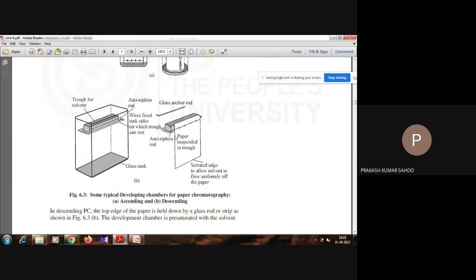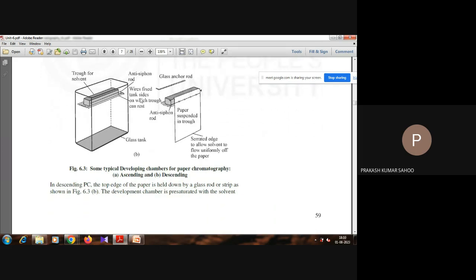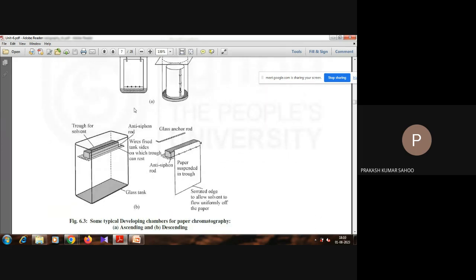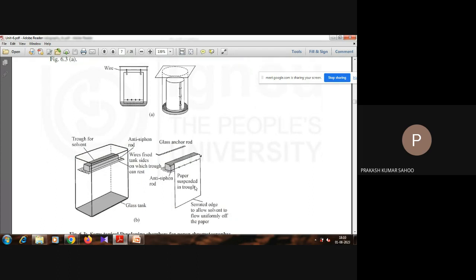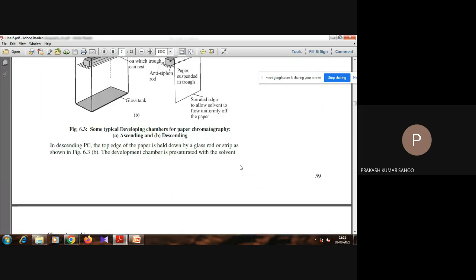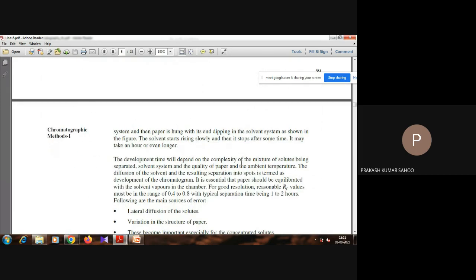Then anti-siphon rod here. So just try to remember this diagram, which may be required for your theoretical examination. So this is a top-down approach and a down-top approach. If it is top-down, that means it is descending, and if it is down-top, this will be ascending type.